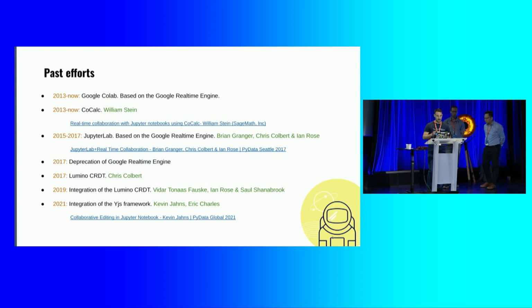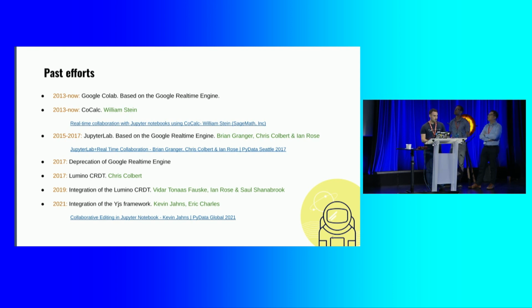During the history of the notebook, there have been multiple attempts at making the notebook collaborative. The first one was from Google. In Google Colab, they made it collaborative using the Google real-time engine, but it was deprecated later in 2017.